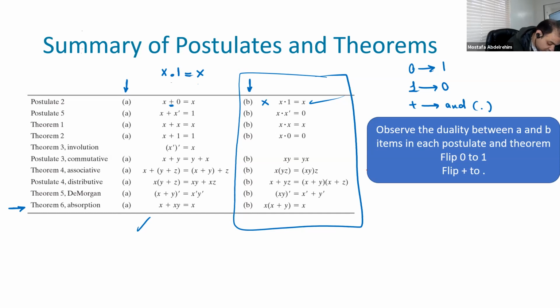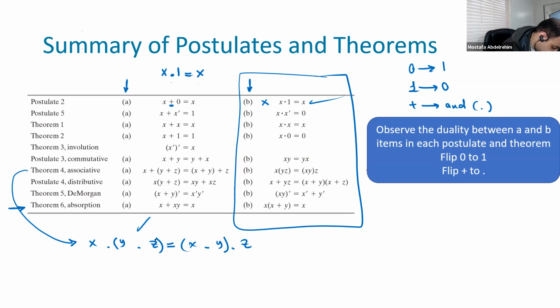Let's pick anything. Let's do, for example, the associative law. Just convert: x, y, and z should have no change. Then convert all the ORs into ANDs, then do the brackets.